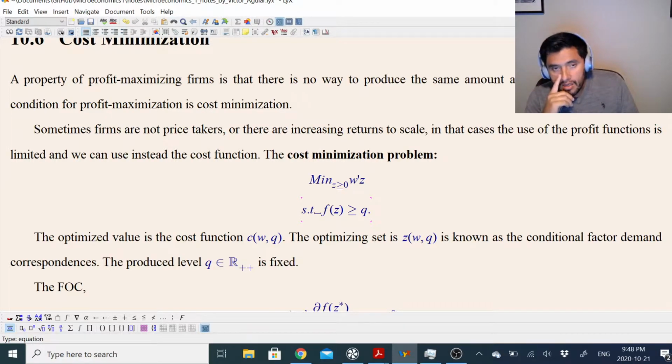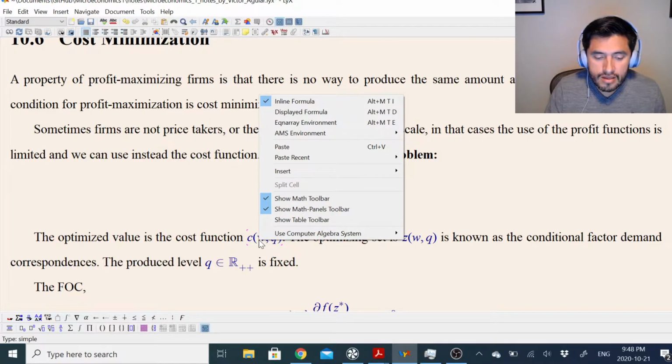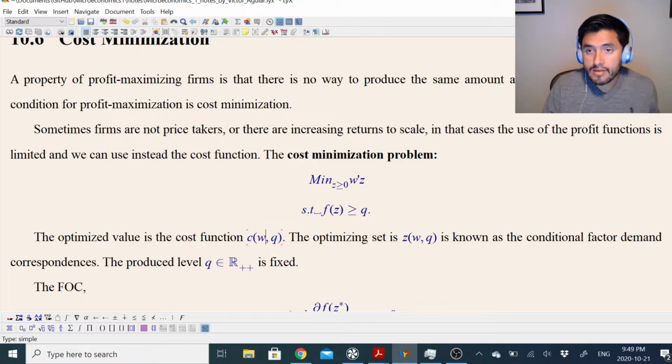Okay, so the optimized value, the solution to this problem, is what is called the cost function. This is exactly the same object as the expenditure function, which was a function of prices and of the utility level. So here instead it is a function of the prices of inputs W and of the output level Q.